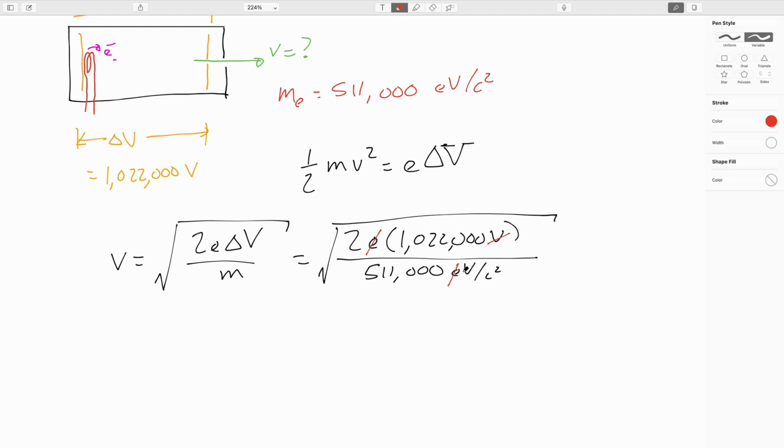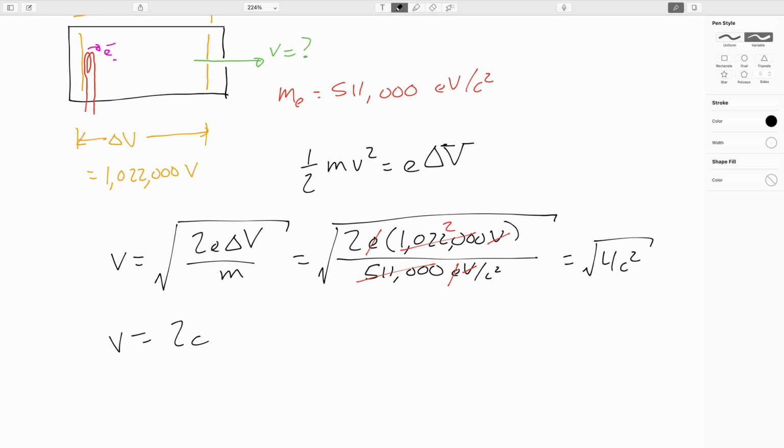We'll cancel the volt there. So we're left with 1 over c squared, which was c squared, and then I'll be taking the square root of that. So we'll get something times c, but what will we get? Well, 1,022,000 is conveniently 2 times 511,000. So this is the square root of 4c squared, which means that we get that our calculated speed is 2c.